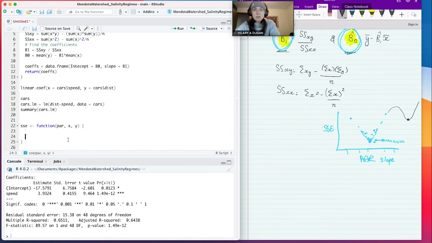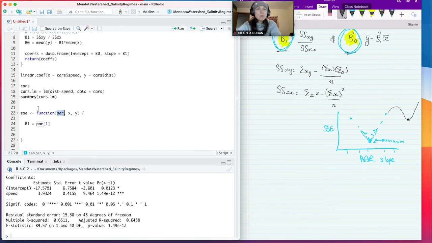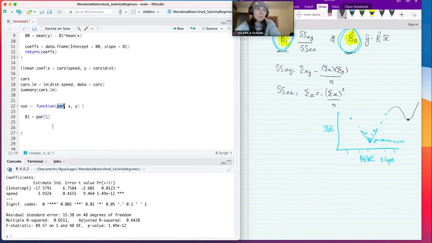We are going to have two parameters. We're going to have beta 1, which is going to be our first parameter. This is going to be a vector where we give it two parameters, and you're going to see why we're doing it this way in a sec. Beta 0, which is going to be parameter 2.